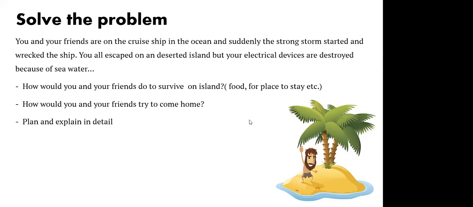And the second one is finding shelter. Without shelter, you can face some dangerous animals, and there may even be bad weather. So the third one is food. You can live 3 weeks without food, so I prioritize water first.